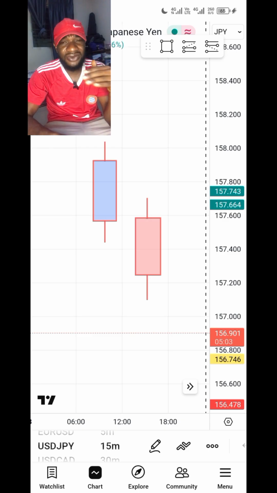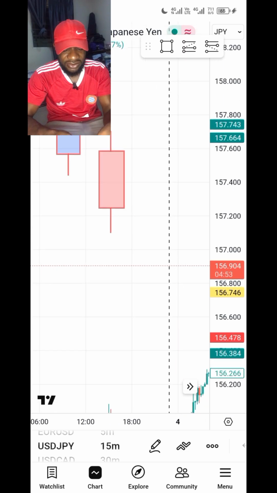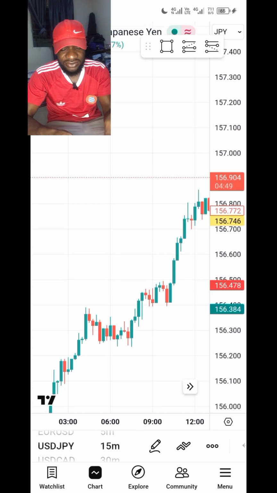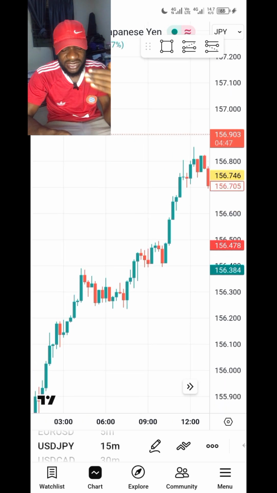So the issue of targeting session highs and session lows is not even the issue. All you need to know is the chart is all candles. Let me show you how a chart looks. All you see is a series of candles. If you go to every time frame, you see the same thing.